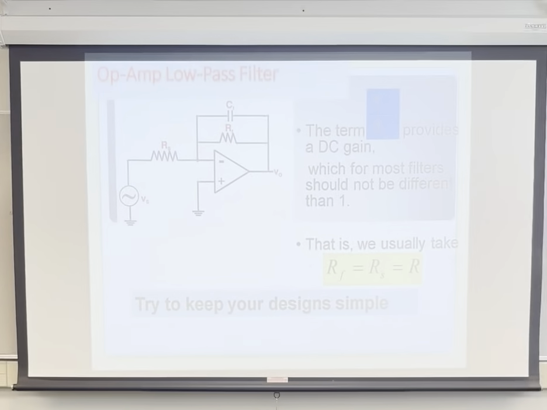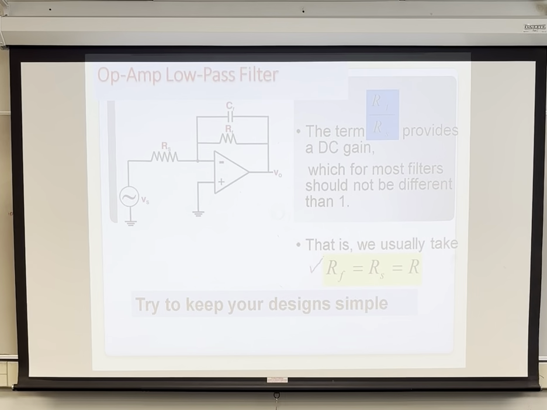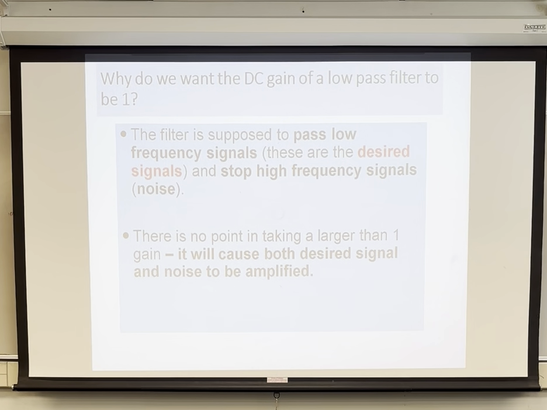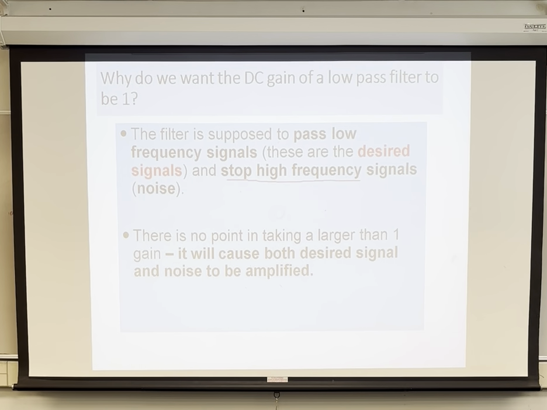So this is probably the first hint for that problem, to make those two resistors the same. The reasoning is that the low-pass filter is supposed to stop high-frequency interfering signals or noise, and adding gain to that circuit is really just going to escalate the noise issue. So you would probably just set the gain equal to 1. It's actually a minus 1 because of the inversion.